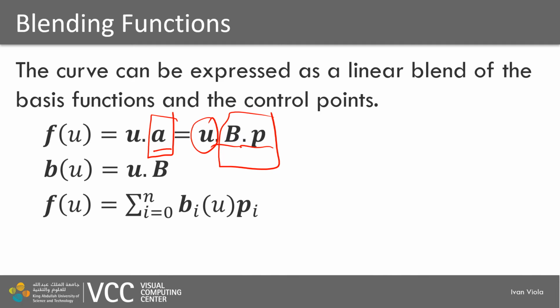And now through associativity we can put u and b together and then have the points defined separately. And u and b will form polynomials, which will be those polynomials which we will be multiplying with the point p.